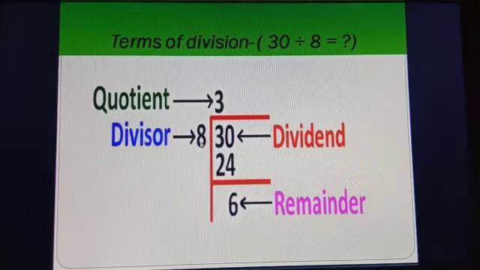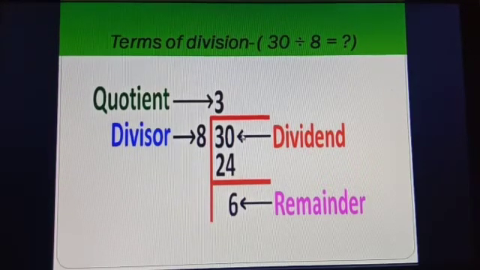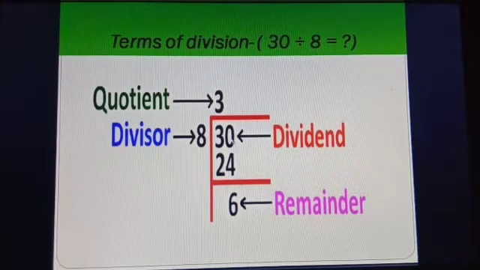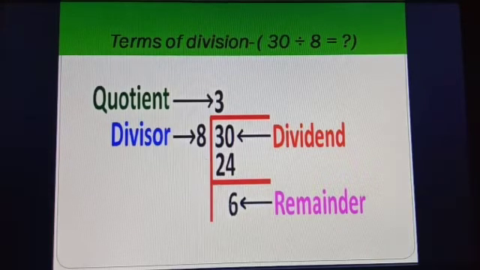So we will read the table of 8. 3 eights are 24, 4 eights will be greater, 32. So we will divide 3 times. 3 eights are 24. Then subtract 24 from 30. So the answer 3 is called the quotient, and the number which is remaining, 30 minus 24, is 6.